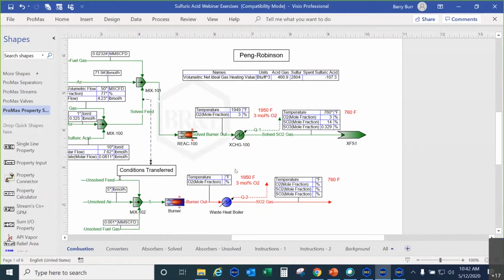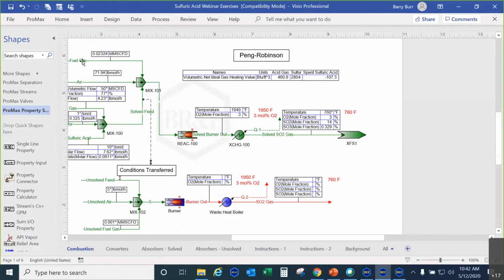A lot of stuff is not very unusual. You see it in other processes, but these are the 3 things that to me seem a little bit different and worth noting. So the first thing we're going to do is simulate a burner.